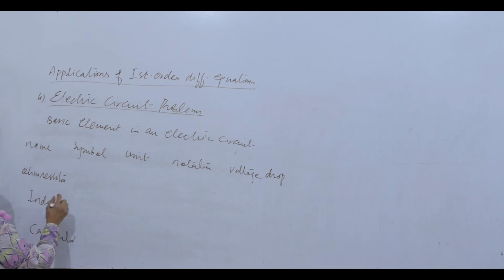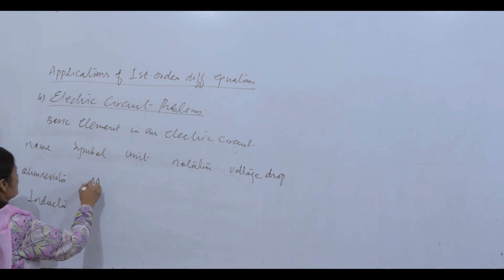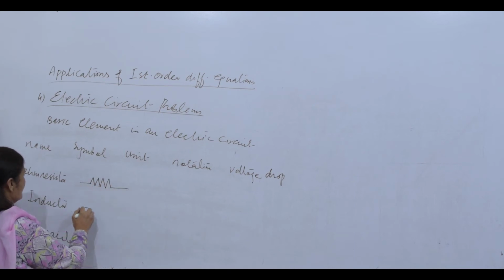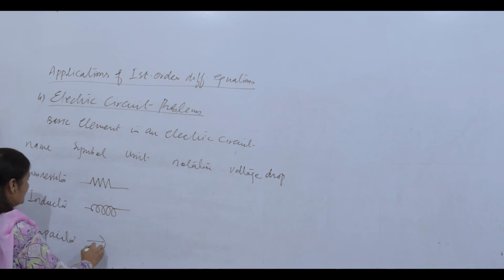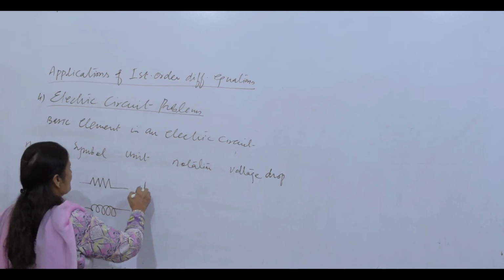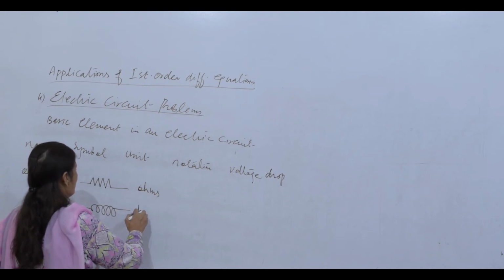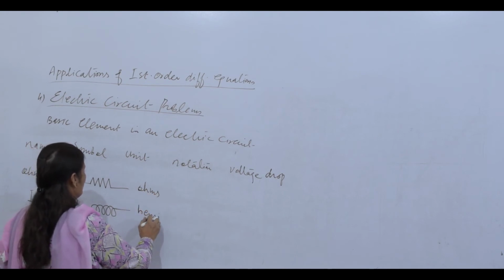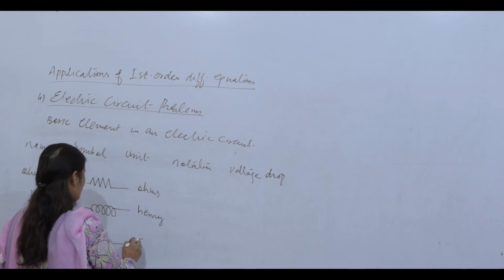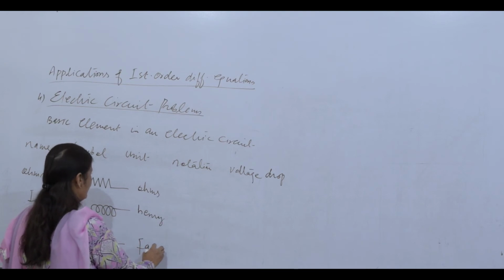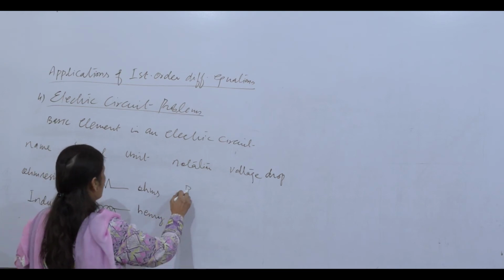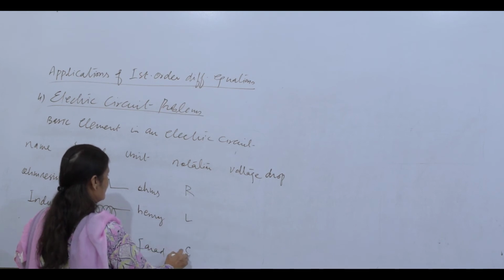For the symbols, resistance is drawn like this, inductance is a coil, and the capacitor is like this. The units are ohm, henry, and farad. The notations are R, L, C.